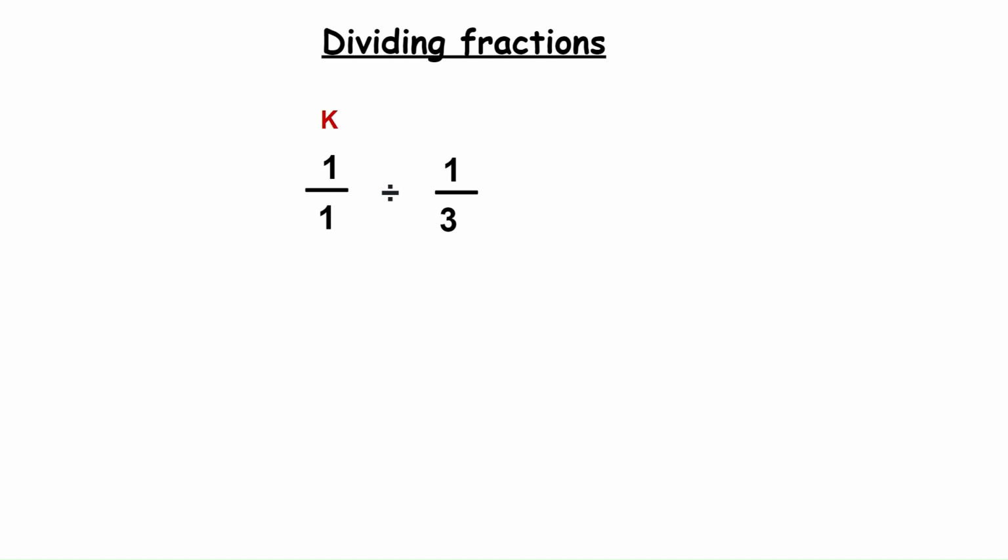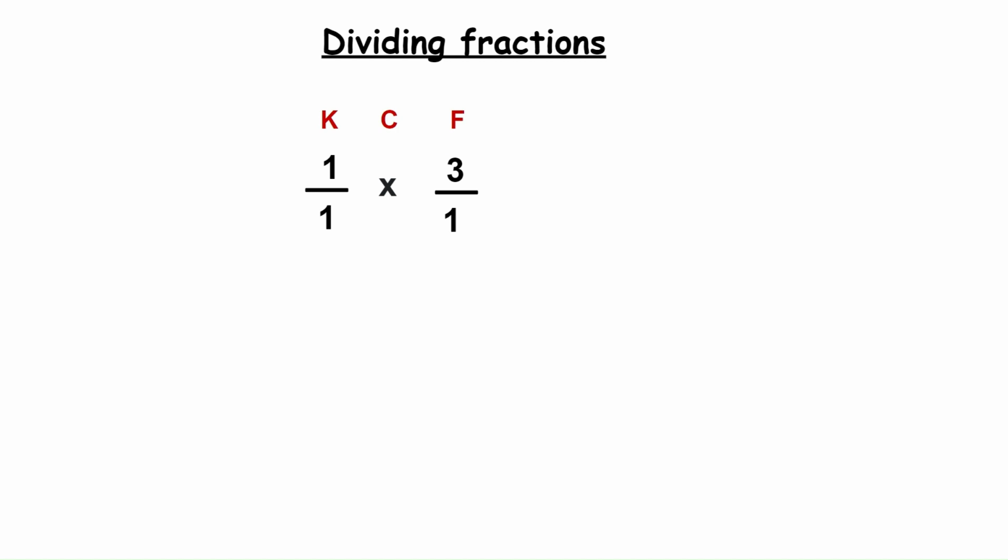First, keep. It's going to keep our fraction 1 over 1 as it is. Next, change. We're going to change from division to multiplication. And last, F is for flip. And that means we're going to flip 1 over 3 to 3 over 1.